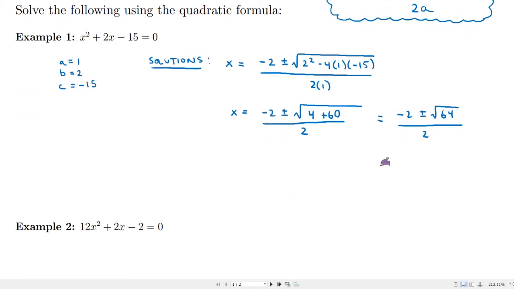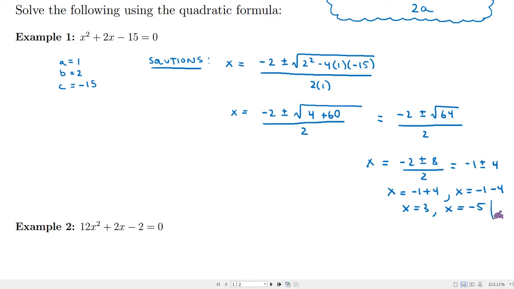So we're going to be able to simplify this a little bit more. We have x is negative 2 plus or minus 8 over 2. So that's negative 1, dividing by 2 in both of these, plus or minus 4. So x is negative 1 plus 4, and x is negative 1 minus 4. So that's x is 3, and x is negative 5.